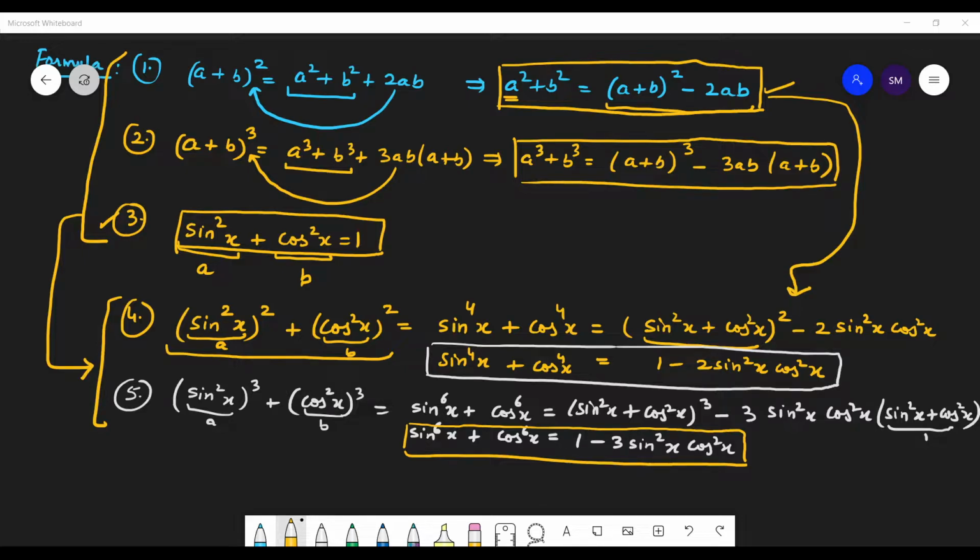Now you can open this bracket: 3 plus 12t square minus 12t plus 6 and 4 is 10 plus 12t minus 12t square. So students, you can see here this is plus 12t square, minus 12t, plus 12t. So you get the answer as 13.